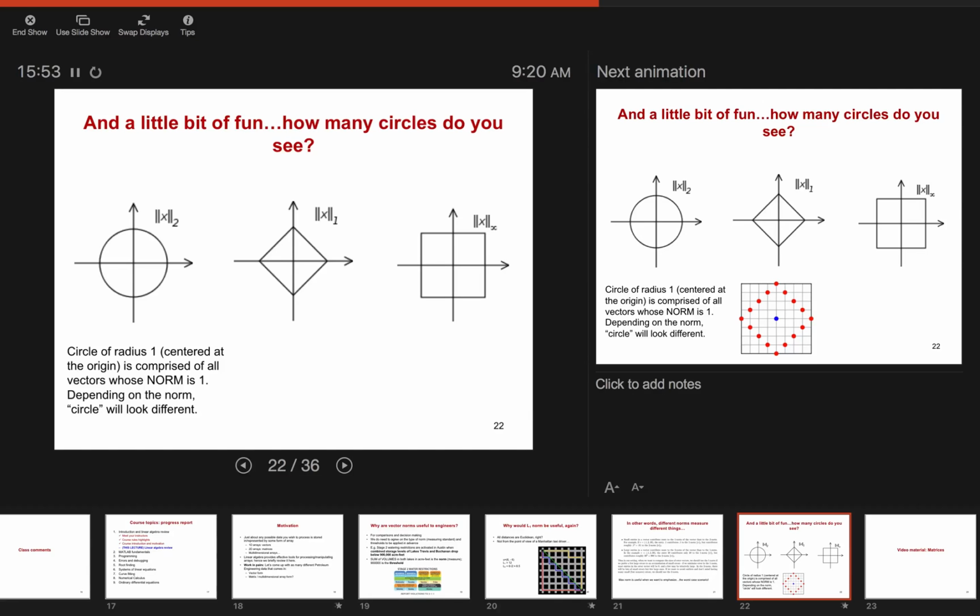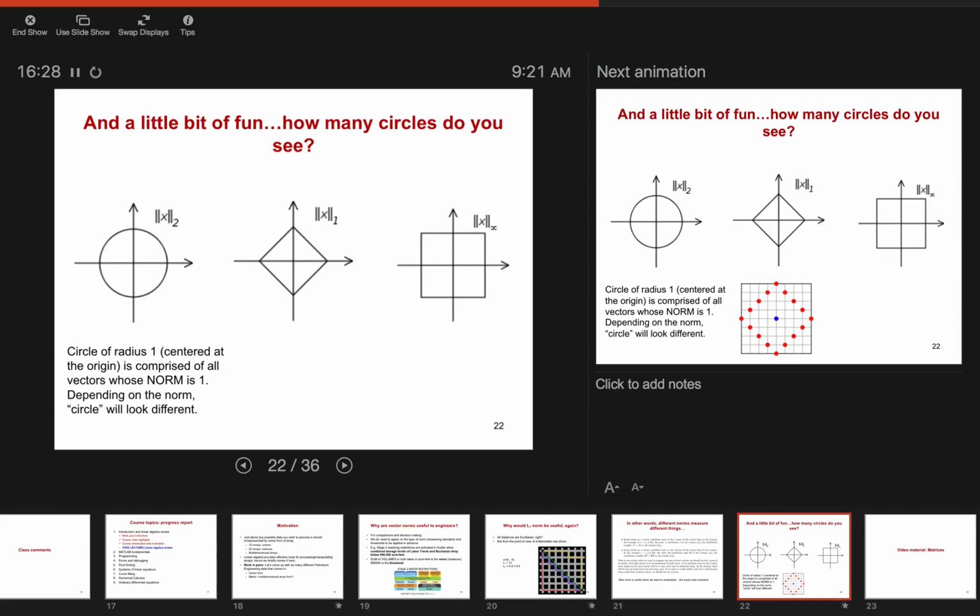And this is how a circle looks in the L infinity norm. For all of these points here, the maximum value between their x and y is 1. That means their L infinity norm is 1. For all of these points here, the maximum coordinate is 1, because they're on a line where the x coordinate is 1, this line here.